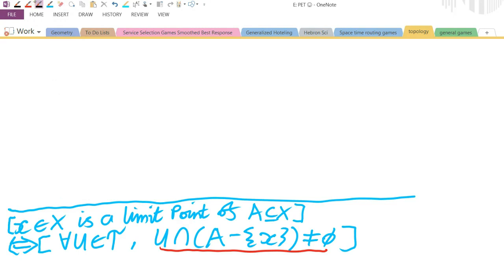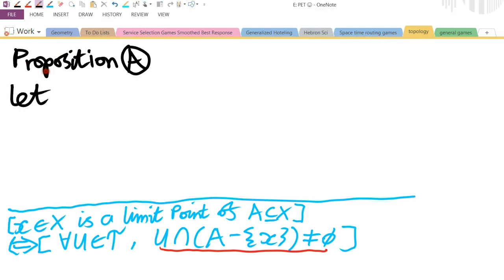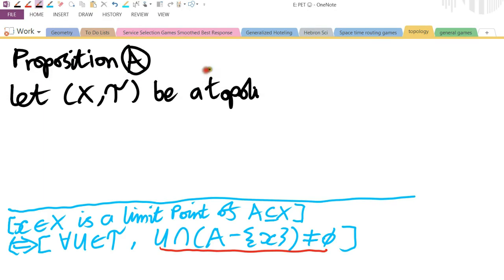Okay then, time for one of the major results about limit points. This is a really important result in topology, and so we'll call it proposition A. It goes as follows. Let (X, tau) be a topological space, any topological space.